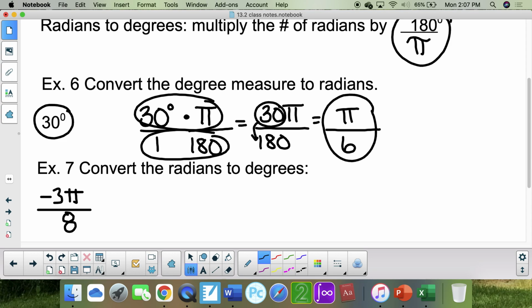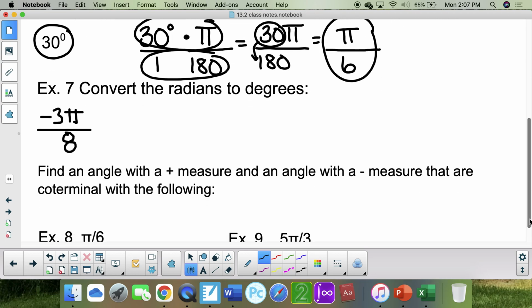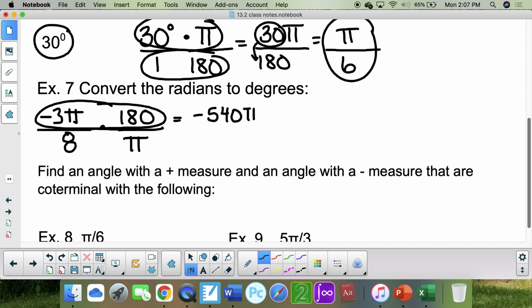Let's do another one. Let's go the opposite direction, from a radian to a degree. You go 180 over pi instead. You multiply the numerator. What's 180 times 3? A negative 540 pi, divided by 8 pi.